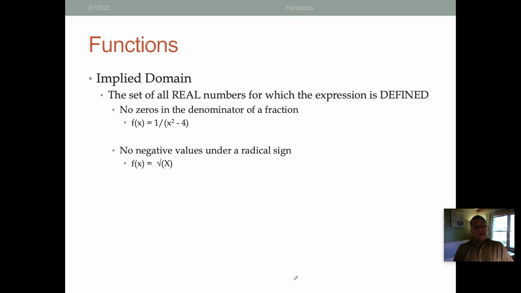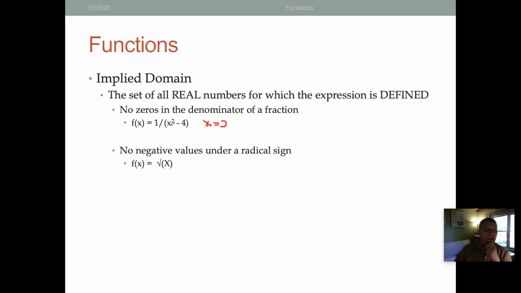But in terms of algebra, there are two conditions where you end up with numbers that provide an exception to an implied domain. For example, you cannot have a 0 in the denominator of a fraction. So for example, if you were to plug in the value x equals 2 here, what would happen?